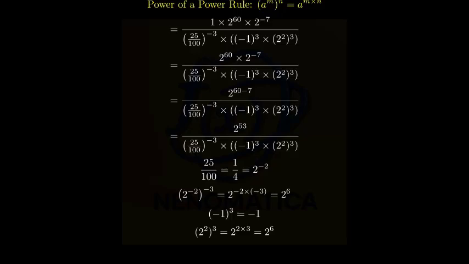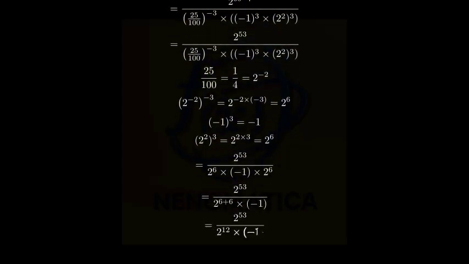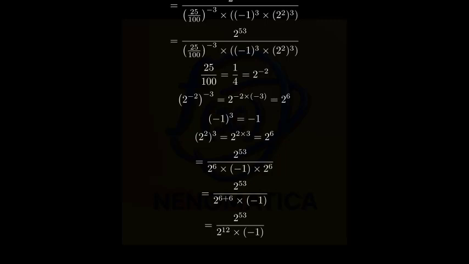Let's substitute these simplified terms into our expression. Now our expression becomes 2 to the 53 divided by 2 to the 6th power times negative 1 times 2 to the 6th power. Let's combine the powers of 2 in the denominator. 2 to the 6th times 2 to the 6th equals 2 to the 12th.